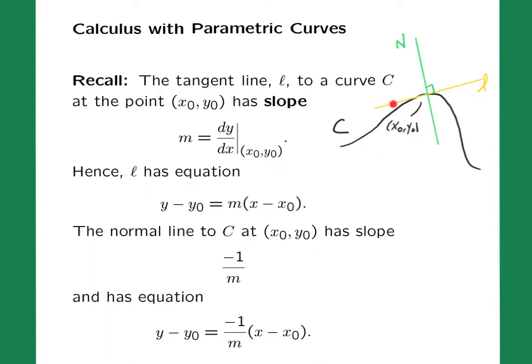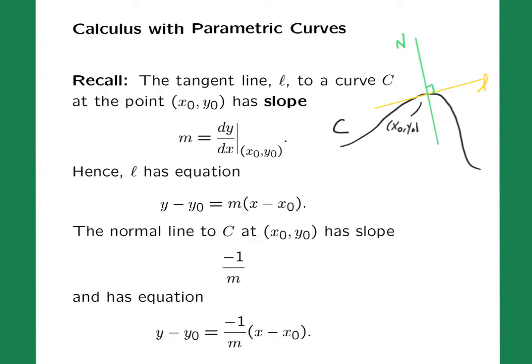In other words, it's dy dx evaluated at x naught, y naught.